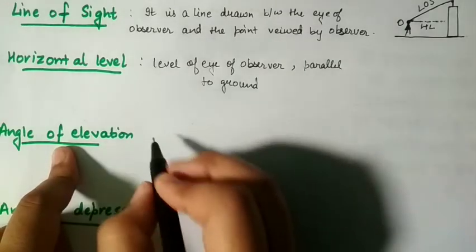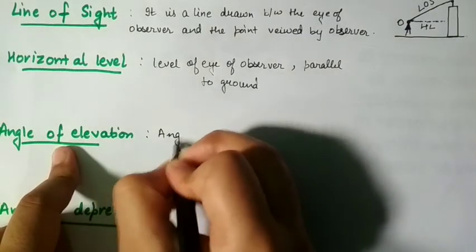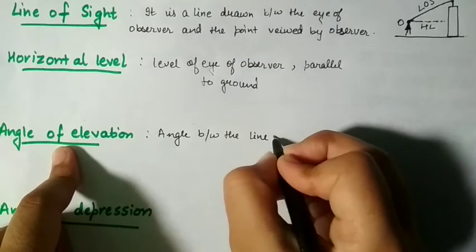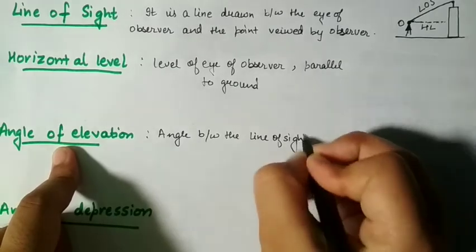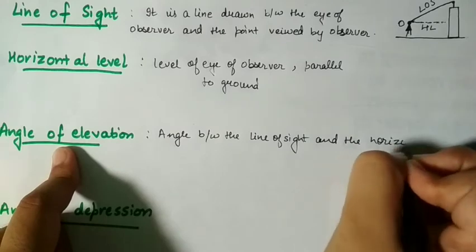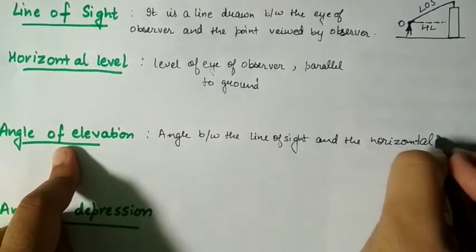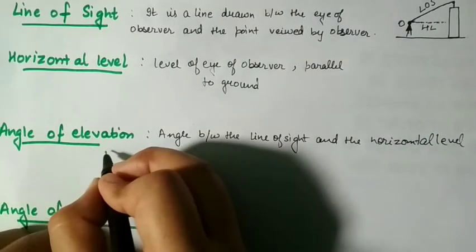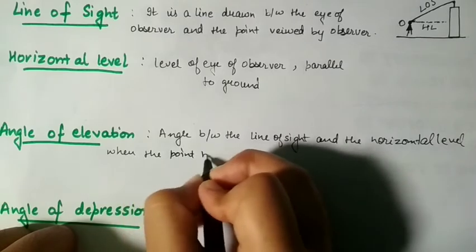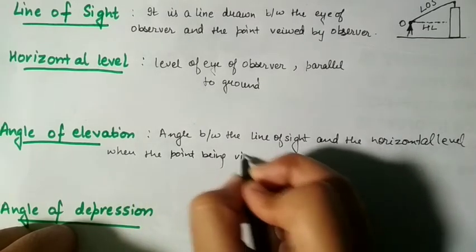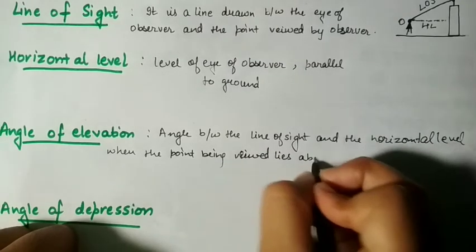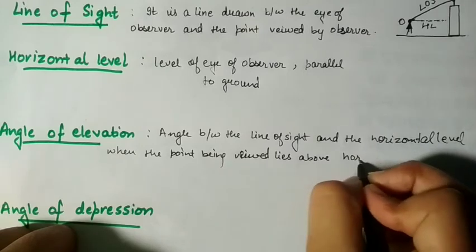Angle of elevation is the angle between the line of sight and the horizontal level when the point being viewed lies above the horizontal level.